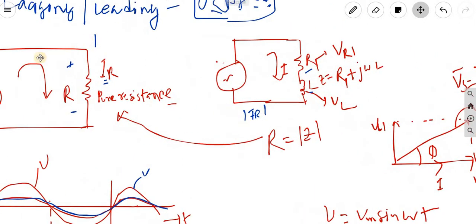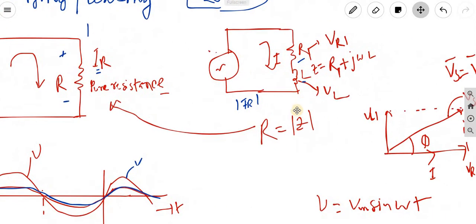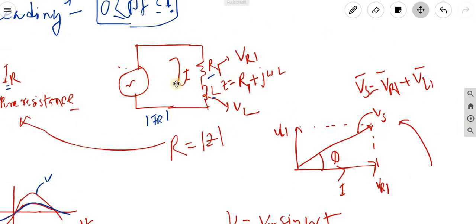So now the current for the first case and for this case would be the same, but the phase may be different. For such a case we take the current as a common element, as a reference, to get a simpler phasor configuration to draw. So this is VRT, sorry, VR and VL.